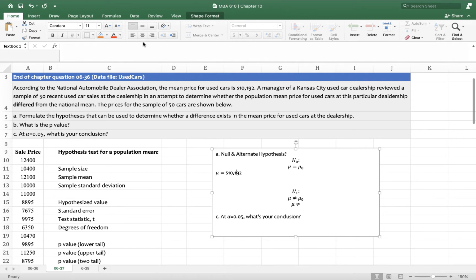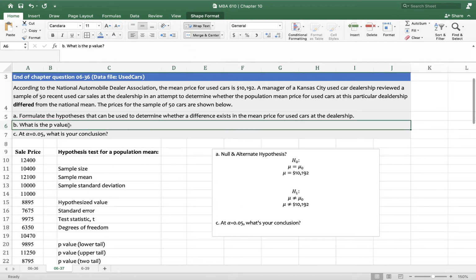The alternative hypothesis here is that they're not the same, right? That our average price is different than the national average and that difference is statistically significant. So I can say that my alternative hypothesis is that mu is actually not $10,192. So that gets us through part A.